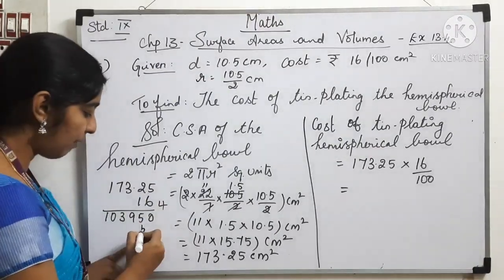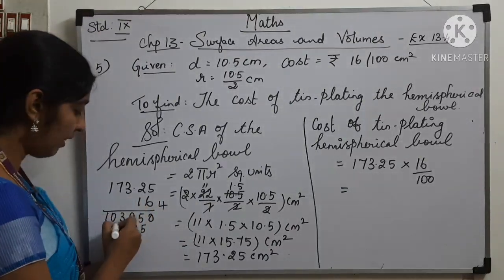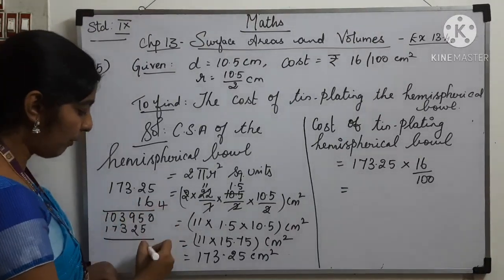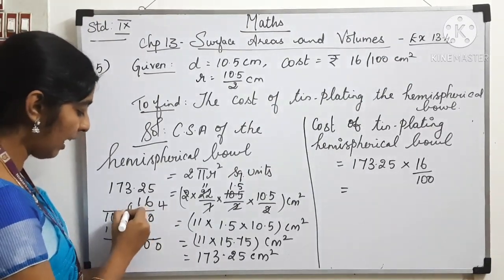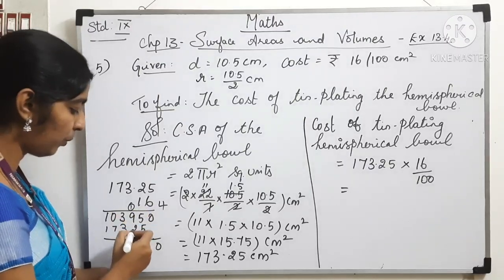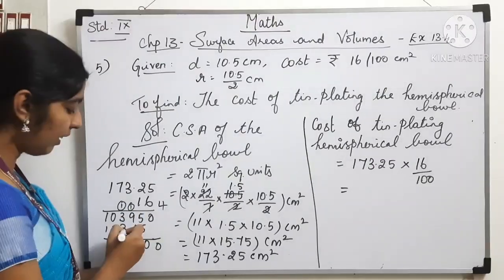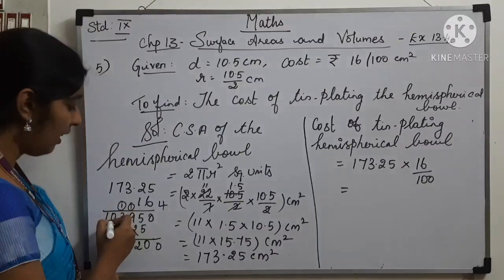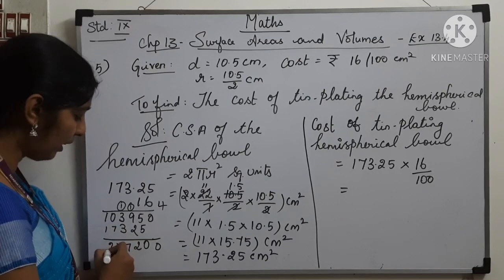Then 1 5s are 5, 1 into 2 2, 1 into 3 3, 1 into 7 7, 1 into 1 1. So when we add this, 0, 5 plus 5 10, 1 carry over, 9 plus 1 10 plus 2 12, 1 carry over, 3 plus 3 6, 6 plus 1 7, again 7 here, 1 plus 1 2.